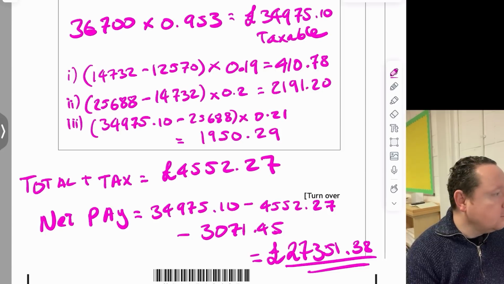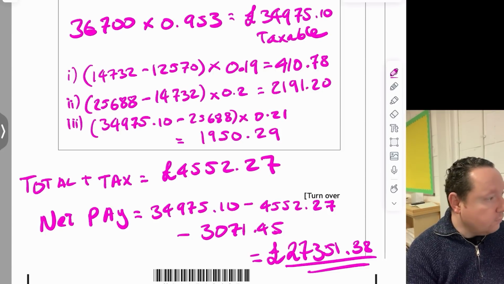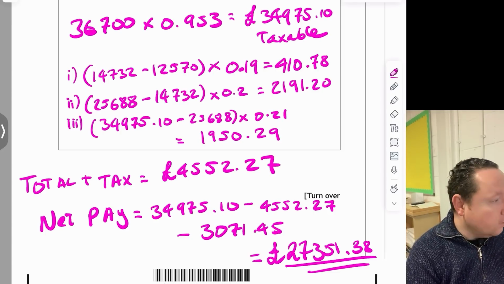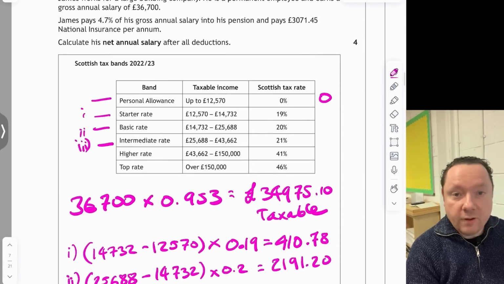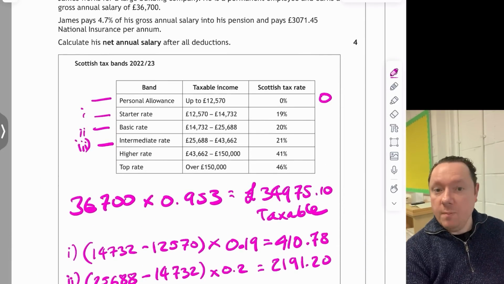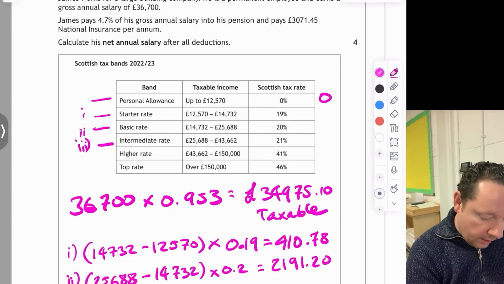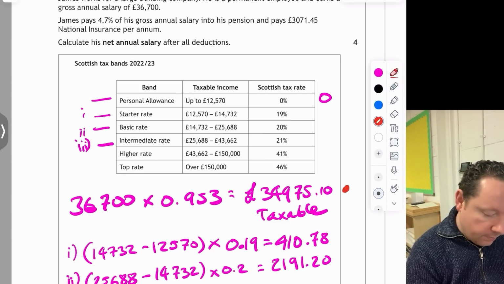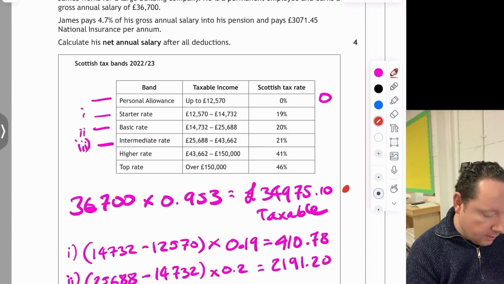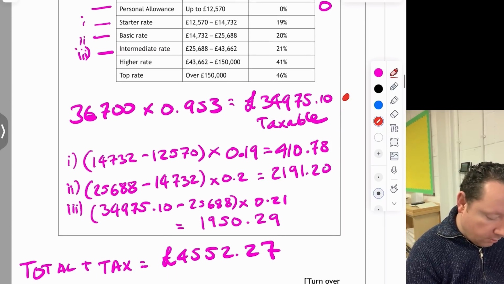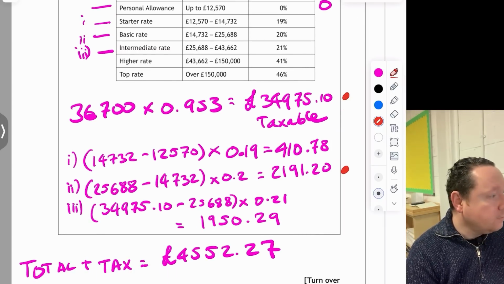Okay, let's briefly go over where you're getting the marks for this. So you're getting a mark for obviously your final answer, that is clear, but taxable income, if you get 34,975.10, if you take away a pension, you get a mark there. So let's just take a note of that here. There's a mark there. And then you get a mark for calculating the tax for starter, basic and intermediate band. So basically calculating all these taxes, you get a mark.